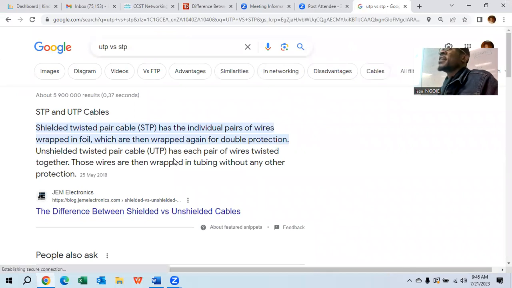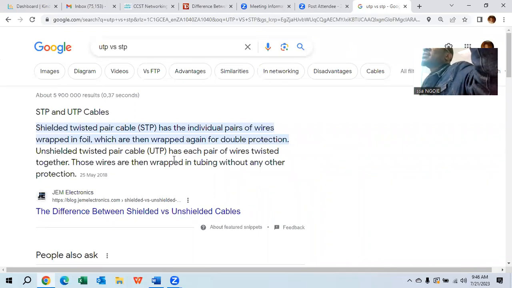You see the definitions, right? The STP is the one that is more protected. The STP, the Ethernet cable, will have extra protections. UTP will never have the extra protections, right?